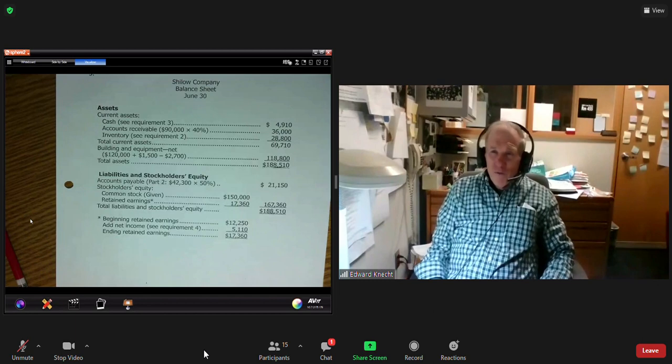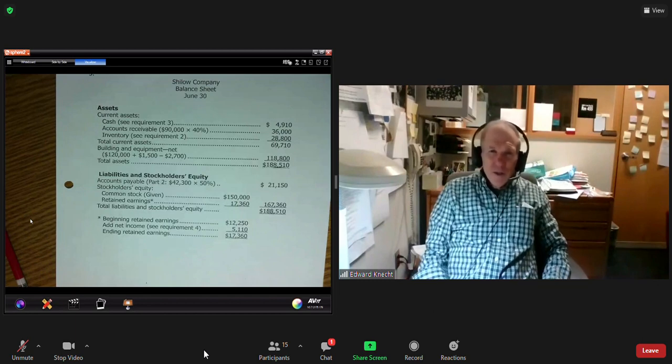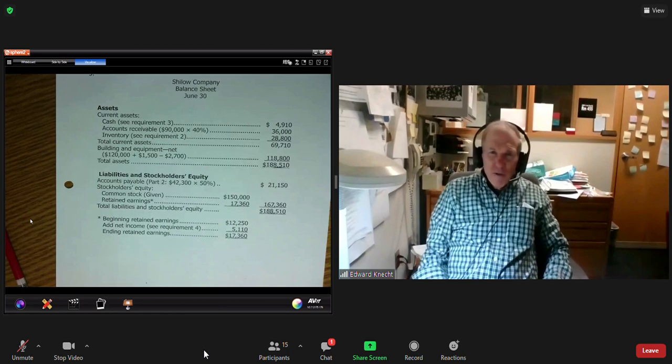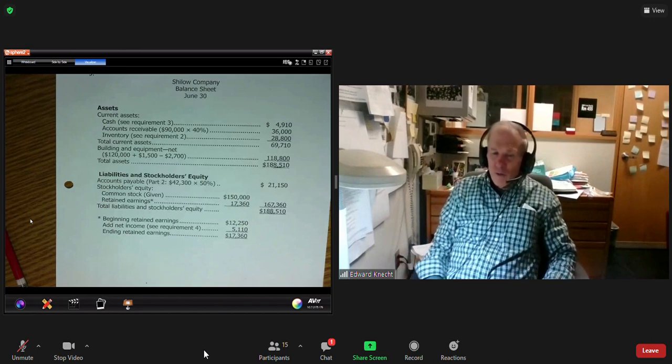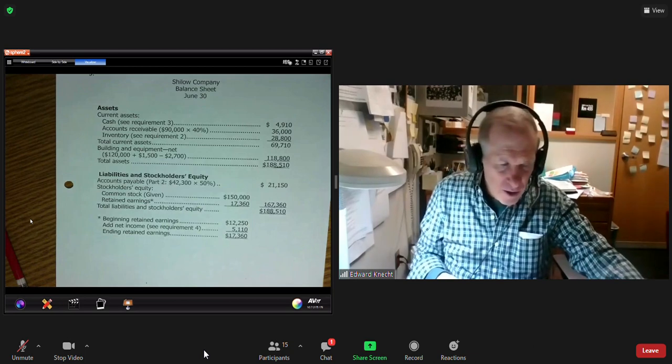Cash, $4,910 comes off the cash budget, doesn't it? Accounts receivable, 40% of the last month's sales, right? So that would be June, because it was April, May, and June. 90,000 was the expected sales. 60% collected in cash.